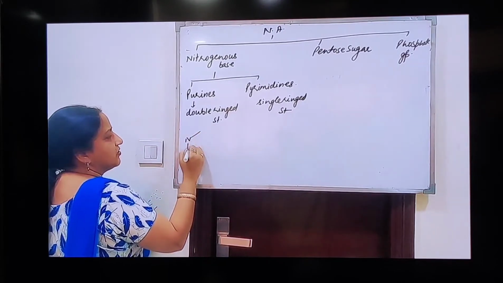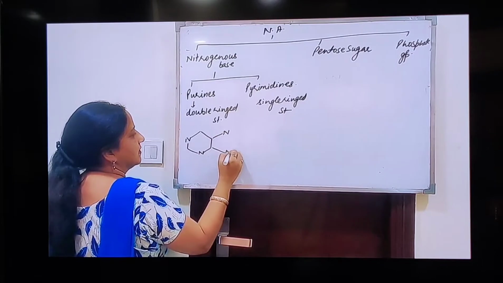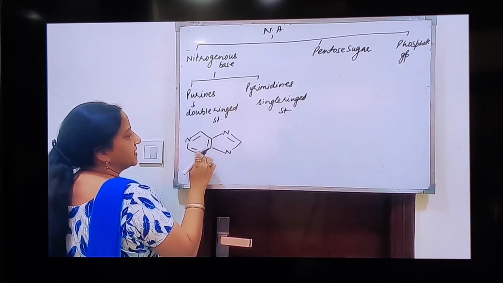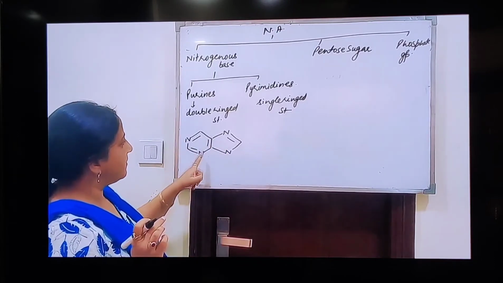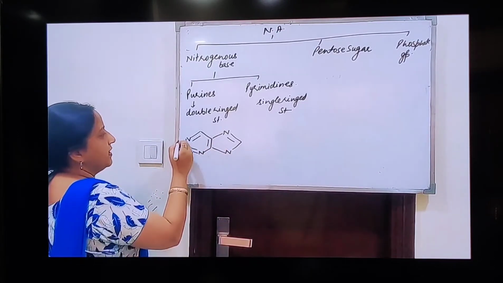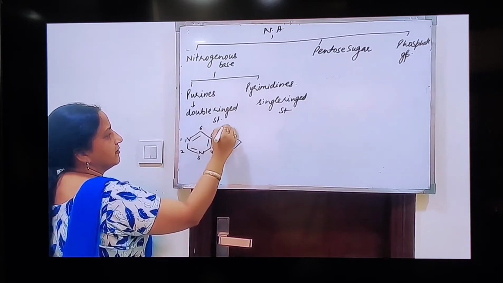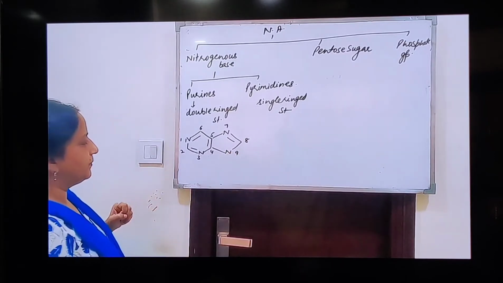This is the general structure of purine. It has two rings. Out of these two rings, one is a 6-membered ring and another is a 5-membered ring, and we will number it like this. This is the numbering of purine.